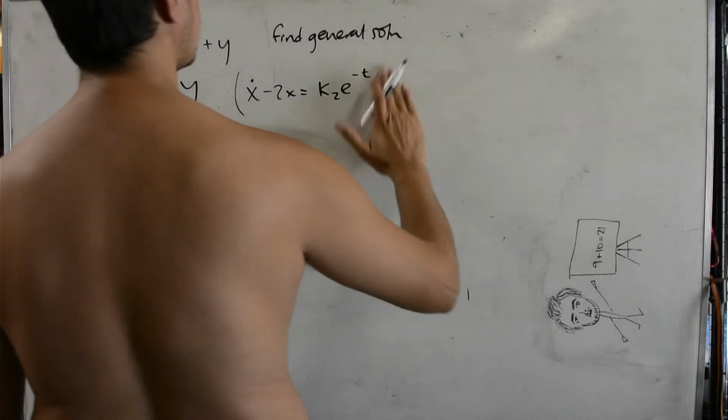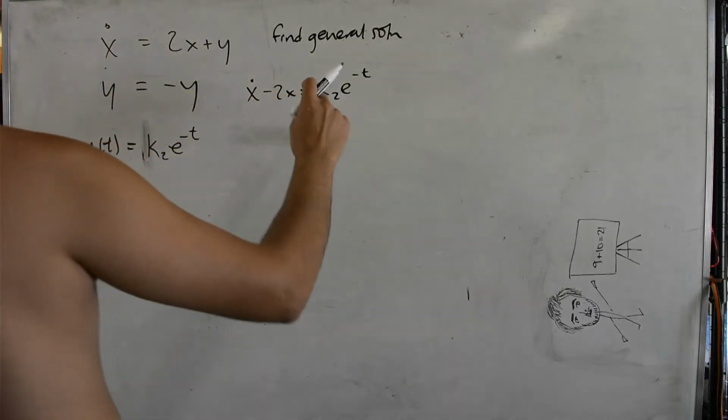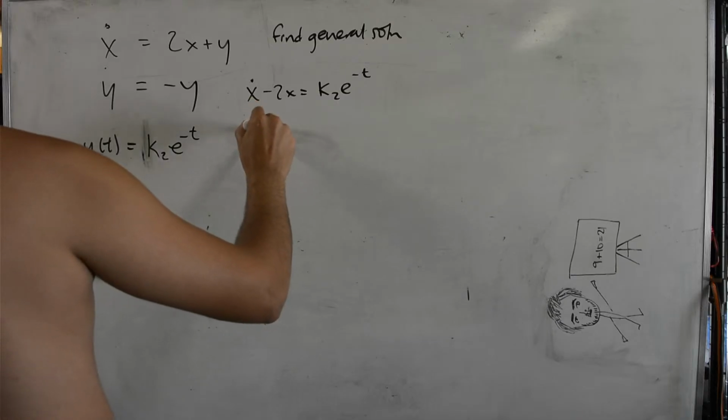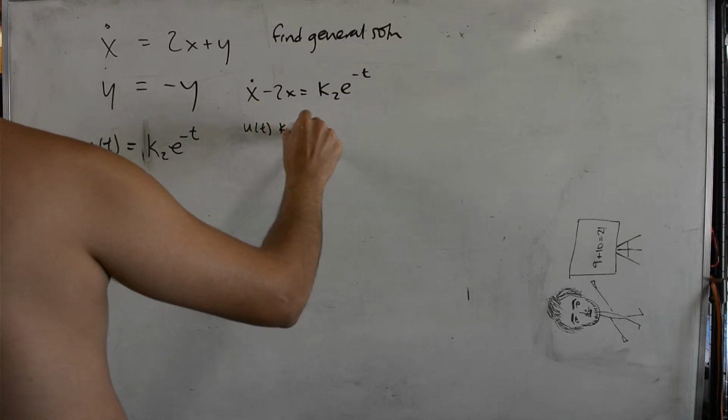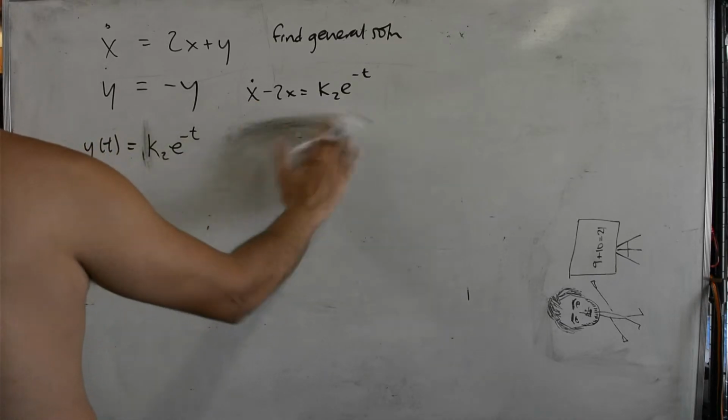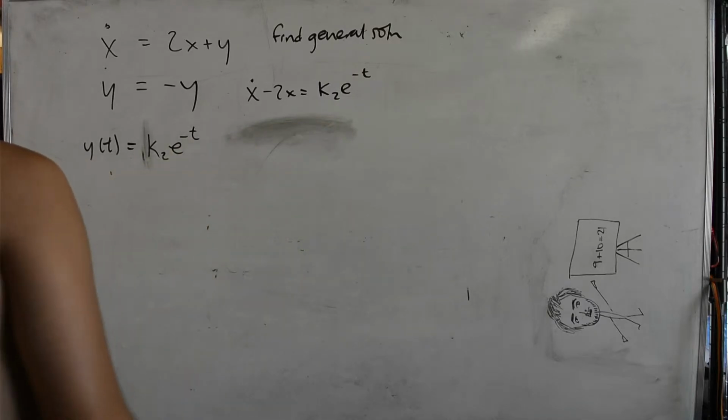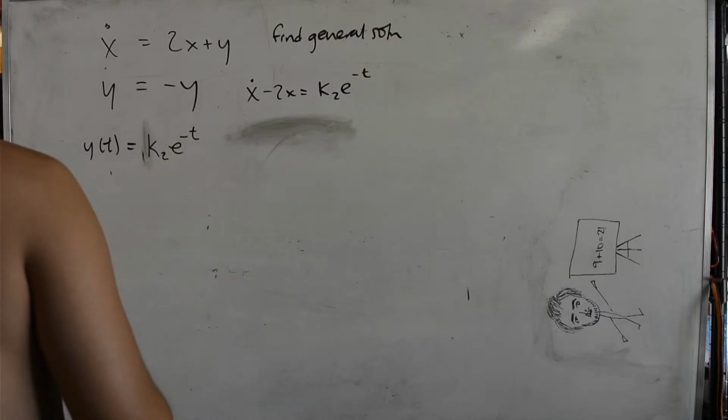I think we're going to guess because otherwise we'd have to take the integral of u of t k2 e to the minus t, which is a hard integral because then you have to do a product. And I don't know if we want to do a product.